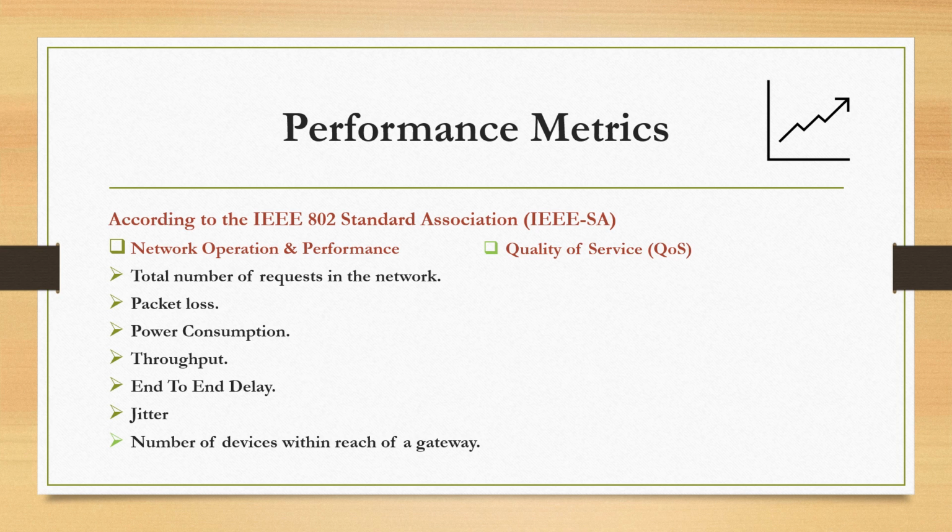We are going to measure the total number of requests in the network, which is the number of packets that will be received, the packets that are permitted, the packets that are denied, the packet loss, the power consumption, the throughput, the end-to-end delay, the jitter, and the number of devices in reach of a gateway.